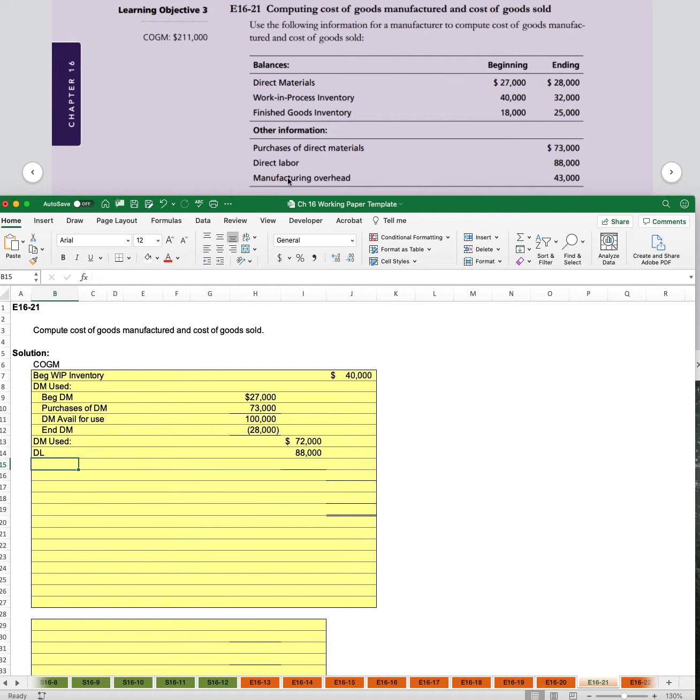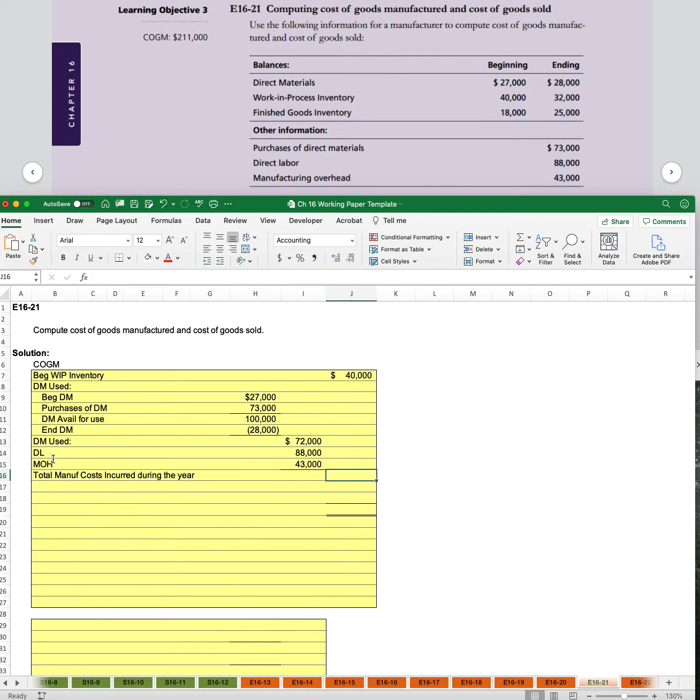And we need to include this manufacturing overhead of 43,000. And if we add together the materials, labor, and overhead, that's going to give us total manufacturing costs incurred during the year.